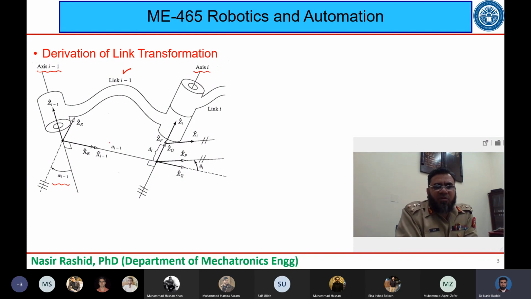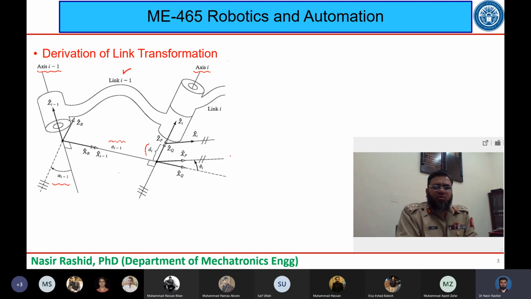We have talked about the link length, which is A I minus 1. And we have also talked about link offset, which is D I minus 1. Using these parameters, we have come out with the DH table.